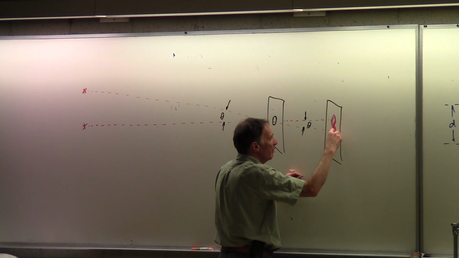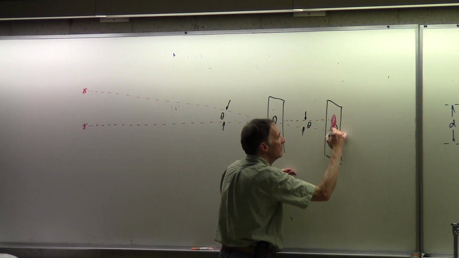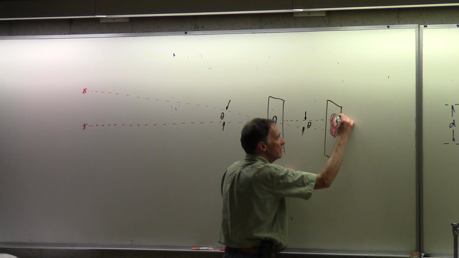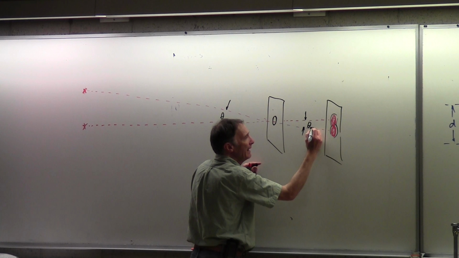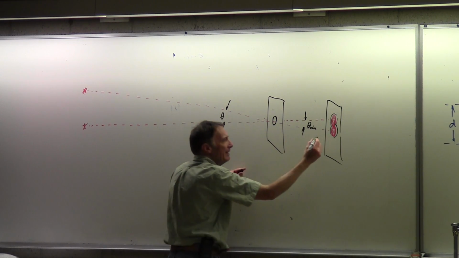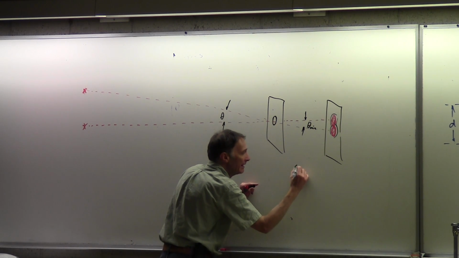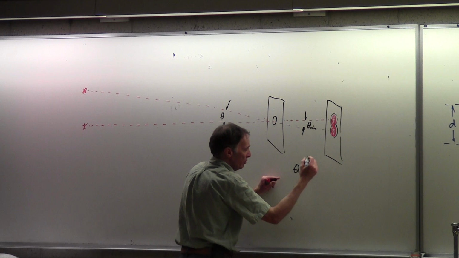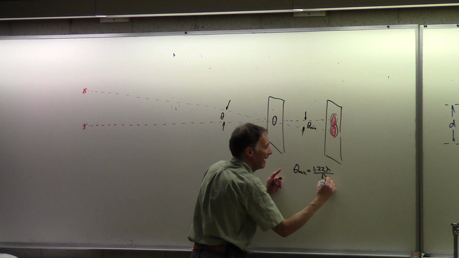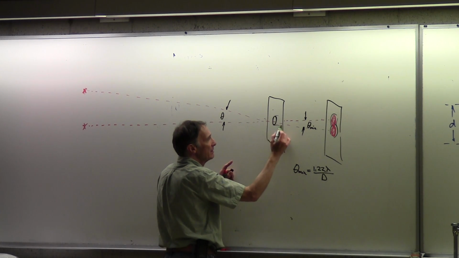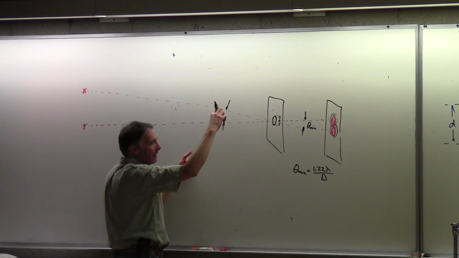And the maximum of one, I want to sit at the minimum of the other. It's kind of hard to draw, but anyway, the picture is probably more telling. The idea that when we get these things closer, we're going to be right at the minimum angle. And the idea is if the maximum of one is at the minimum of the other, theta minimum is equal to 1.22 times the wavelength over the diameter of the opening. So again, this is the diameter of that opening, or the lens, or whatever we're letting that light through.